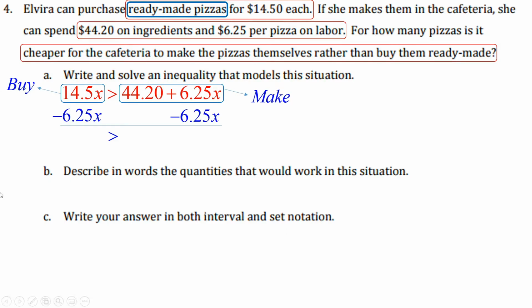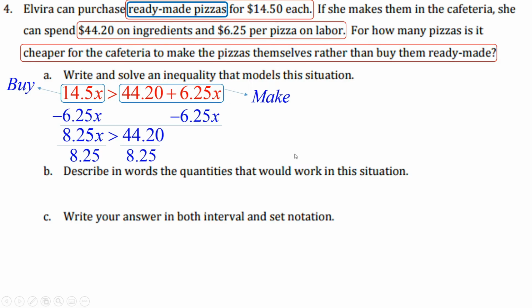That would be 8.25x is greater than, and over here on the right, the plus 6.25x and the minus 6.25x cancel, leaving the $44.20. Now, you have to undo this multiplication right here. Let's divide both sides by 8.25.